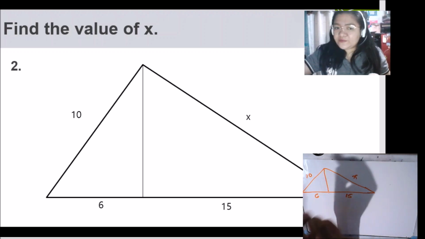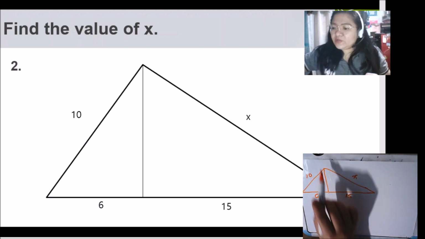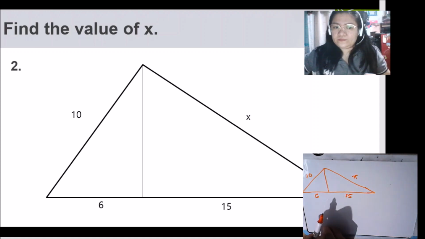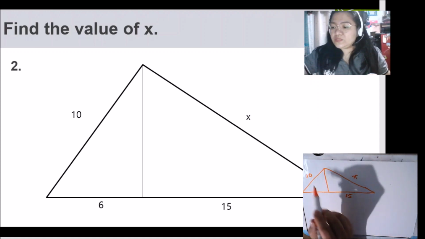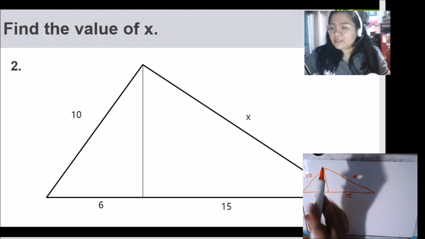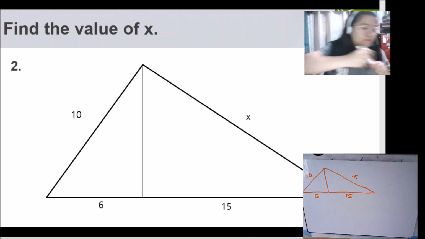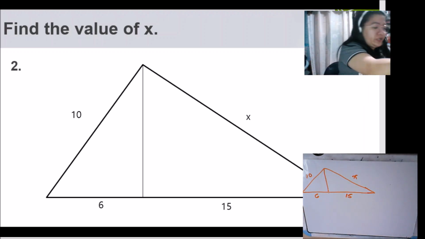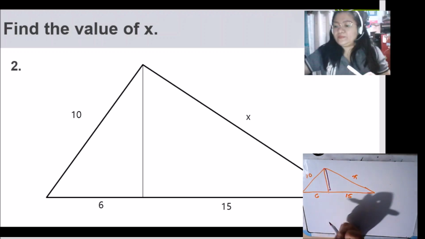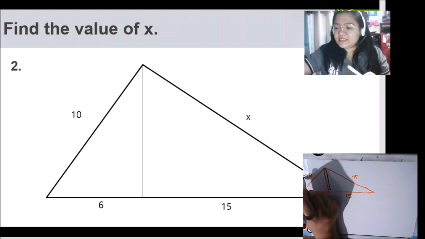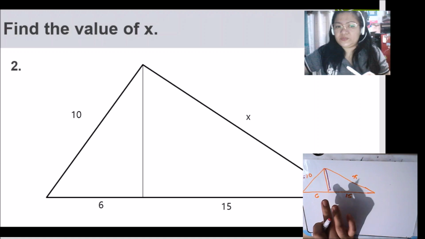First, we have to find the length of this altitude. We will be using the Pythagorean theorem dealing with the first or the smaller right triangle. Let us have this as C because it is our hypotenuse, 10.